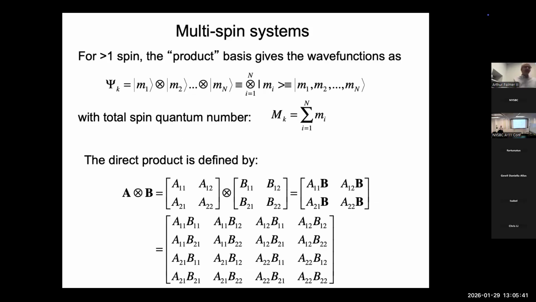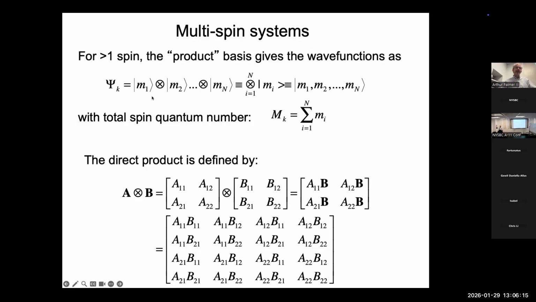For more than one spin, for most of what we'll need to do, we can work in what's called the product basis, in which we build up the wave functions and the operators for more than one spin by using what's called mathematically the direct product, which is indicated by the circle with the little x inside.